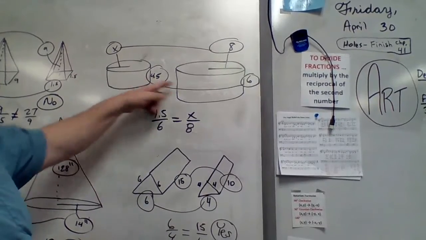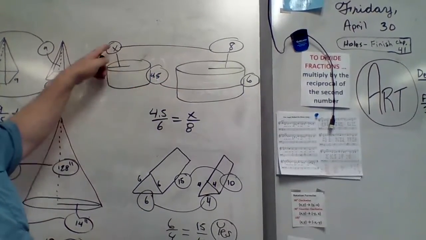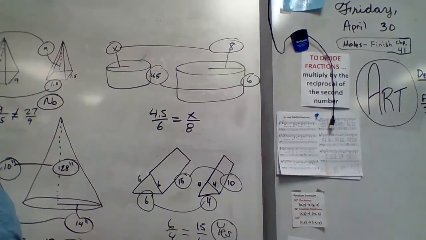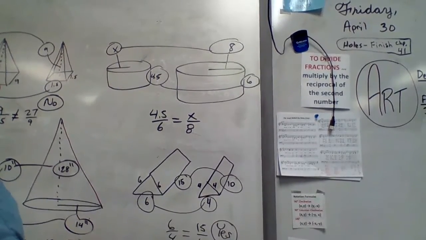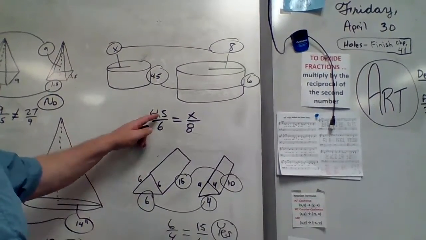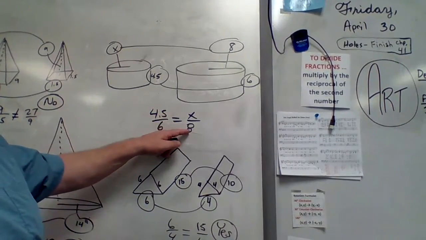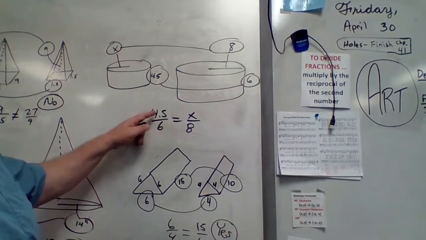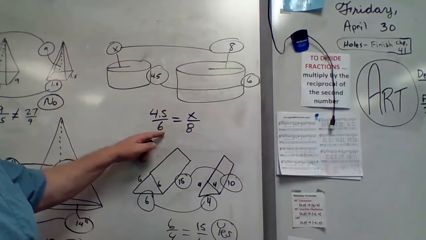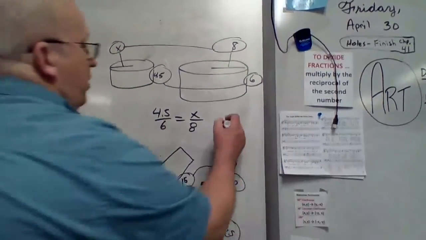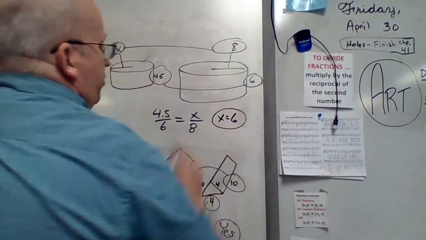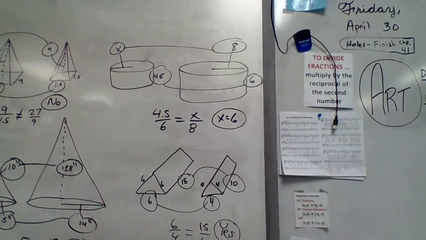They'll say, assume that these 2 shapes are similar and find the value of x. Well, knowing that, it would be a matter of taking 4.5 times 8 and dividing by 6. And when we do that, x would have a value of 6 in this particular case.